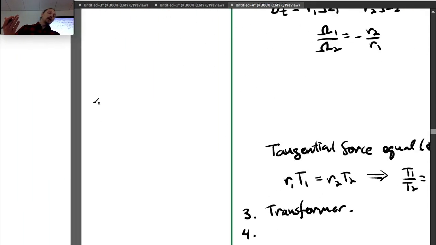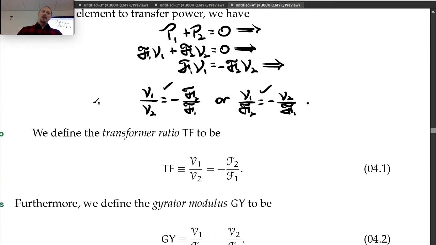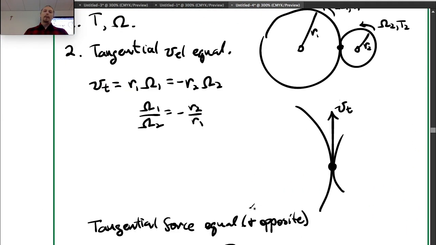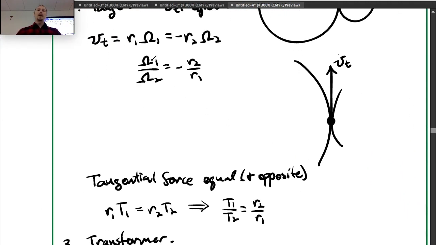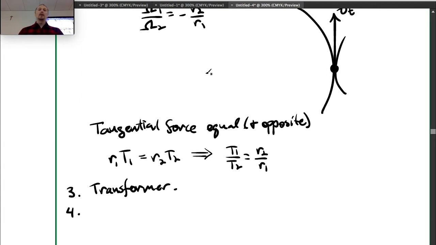So we look back. V1 over V2, the easiest one, I think, in this case is to use V1 over V2 because we already have that, which is omega 1 over omega 2 is equal to negative R2 over R1.